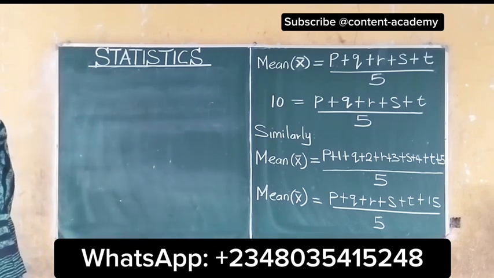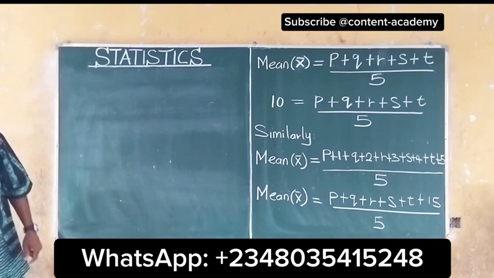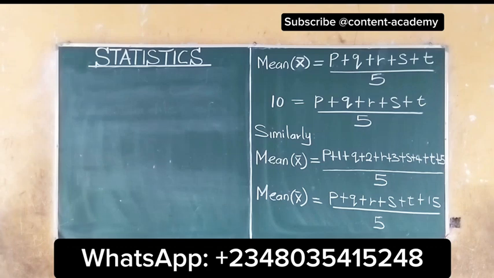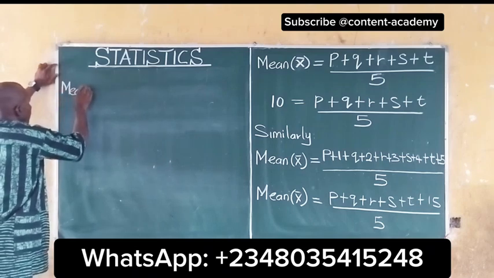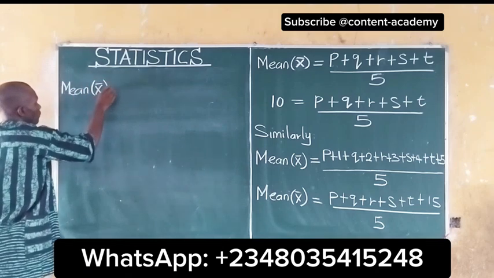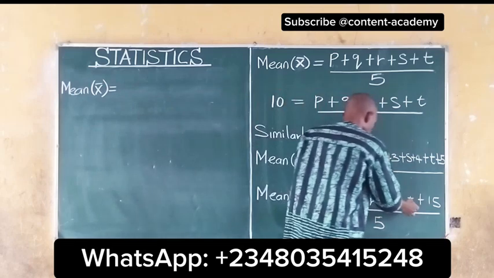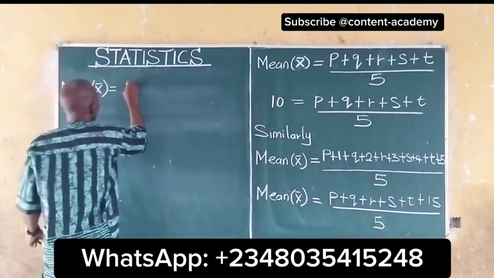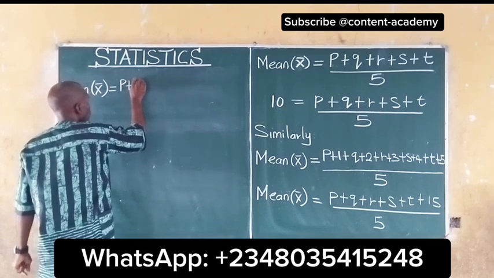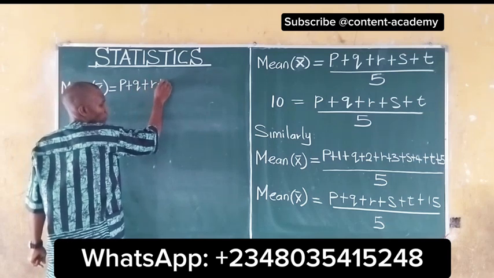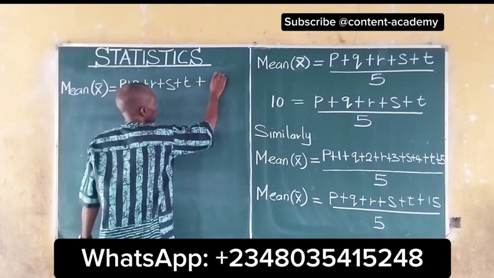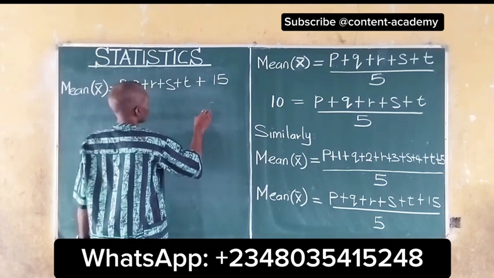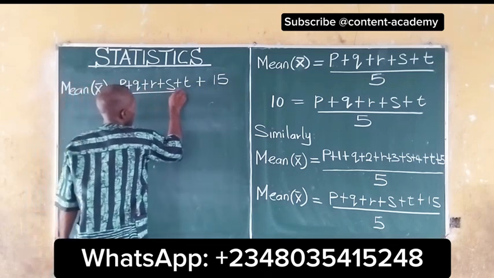So our mean, which we are asked to calculate, is equal to P plus Q plus R plus S plus T plus 15, divided by 5.